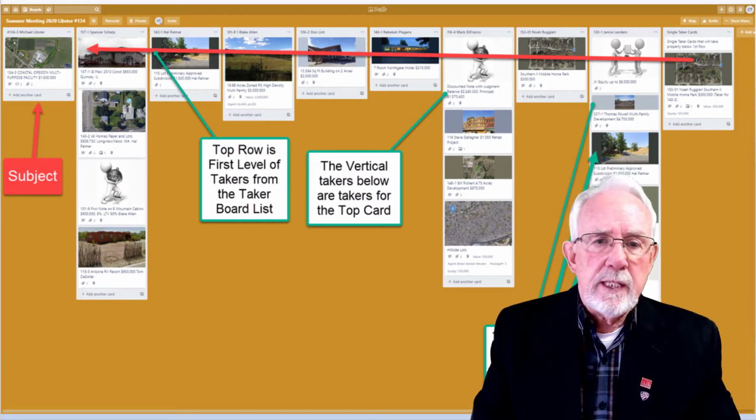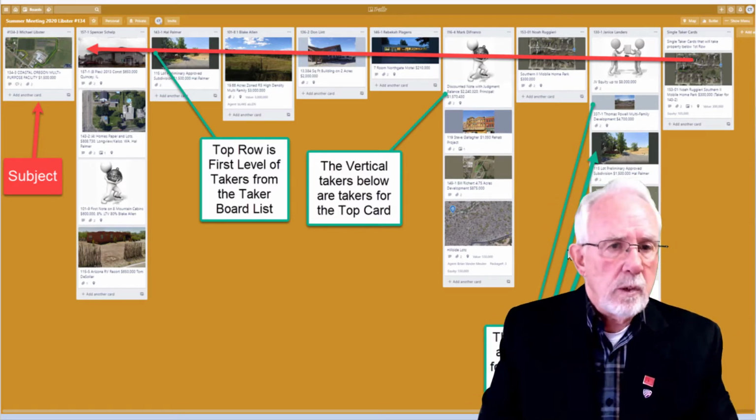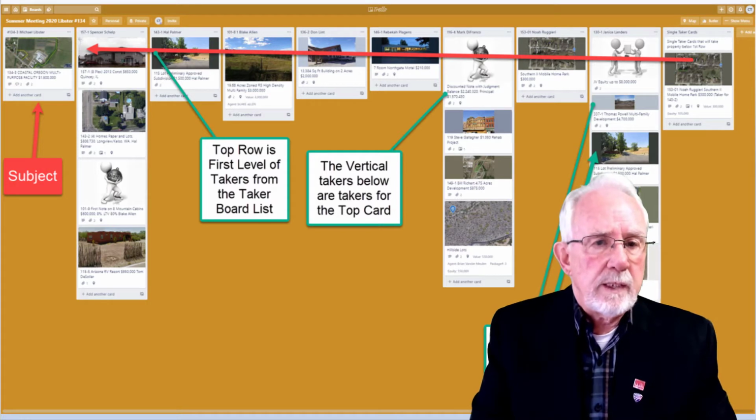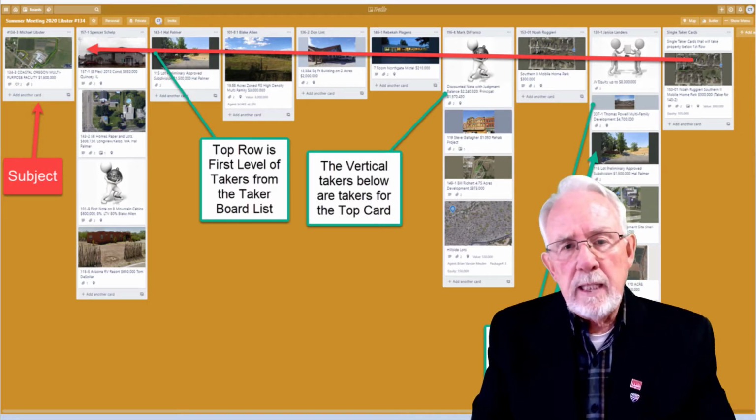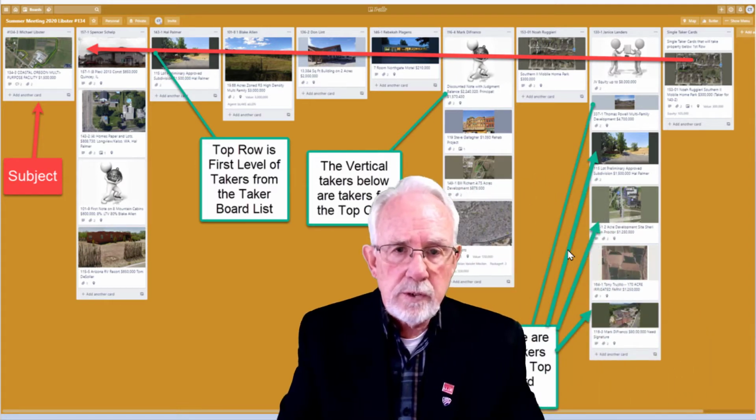So there are several cards across the top row, and those are packages that are interested in the subject property. Now that is just the first row of takers.